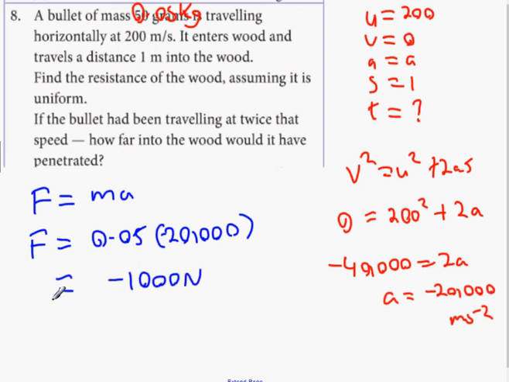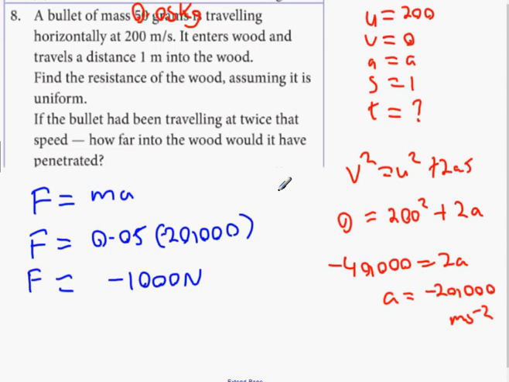So your net resistance is minus 1,000 newtons. Remember when the bullet enters the block, there is only deceleration. The bullet's a projectile and it hasn't got a motor in it, so it has none of its own force. The only force it experiences is the slowing down force.